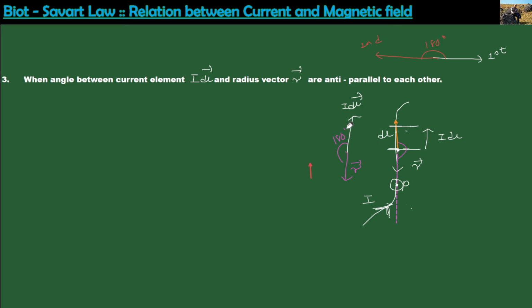It is 180 degrees. If you calculate the value of dB, it will be equal to mu naught divided by 4 pi, I dl sine of 180 degrees divided by r square. Sine of 180 degrees is equal to 0. So dB in this case will also be equal to 0.